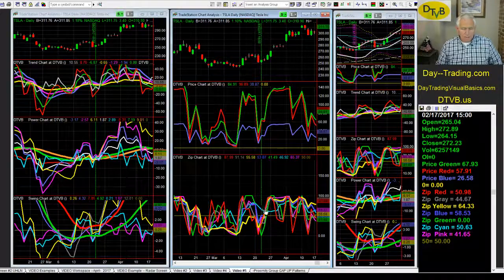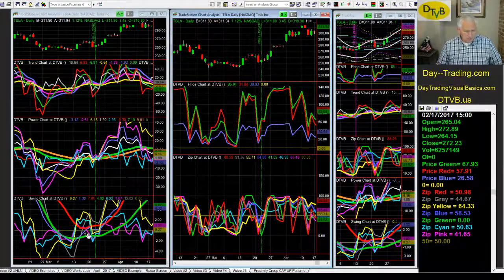From looking at the zip Zion line, we also anticipate that it's going to go up based on the red-green twin spike. If we look over here on this same day, we have trend red that's already in a BOC going back up, and we have the power Zion that has crossed over the green, and we also have the swing Zion in pink that have crossed over the green.